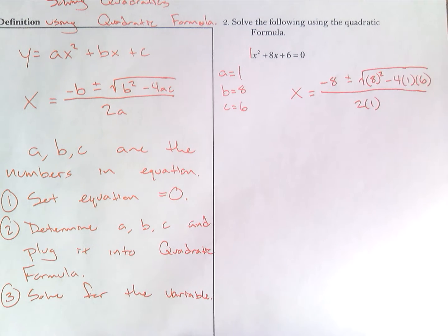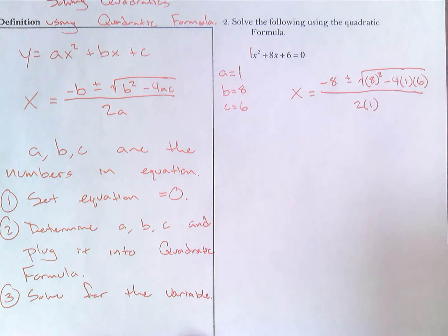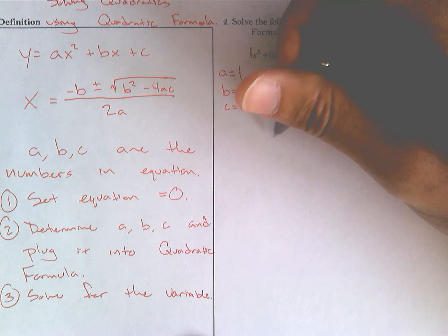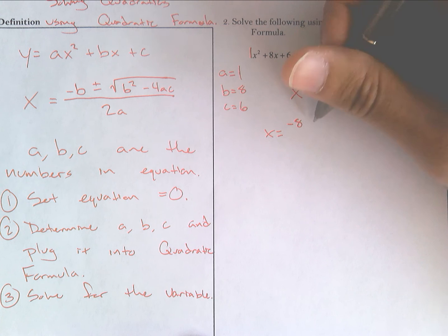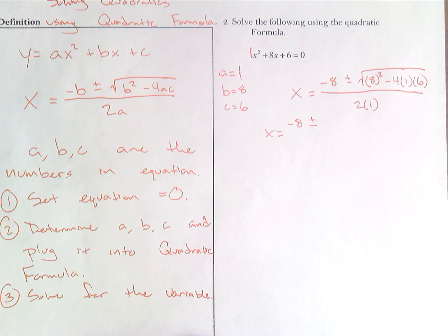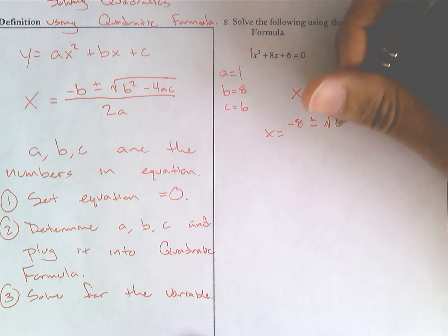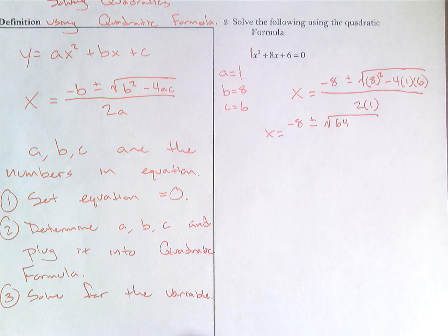So now we can just solve, simplify the right-hand side of this equation. So we have x equals negative 8, or opposite 8, plus or minus the square root of, well, 8 squared is 8 times 8, or 64. And we have minus, well, 4 times 1 times 6. Well, 4 times 1 is 4, times 6 is 24.